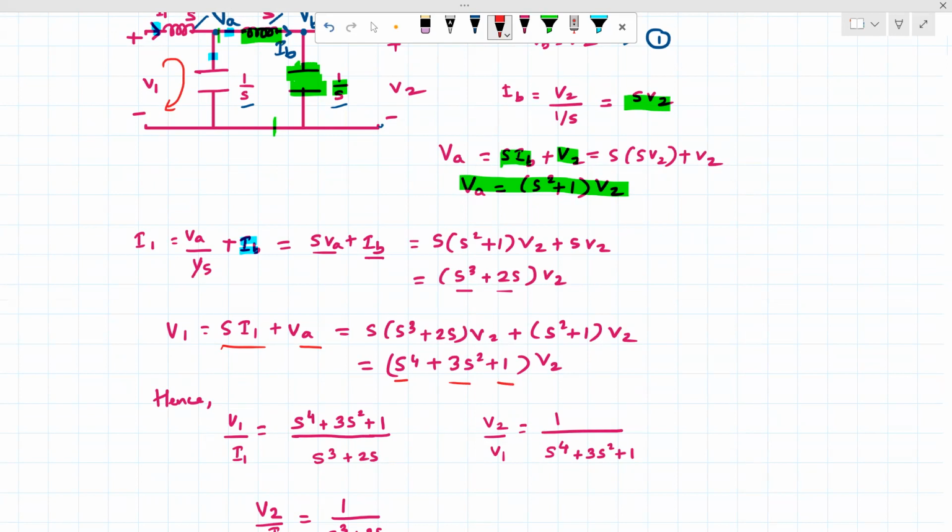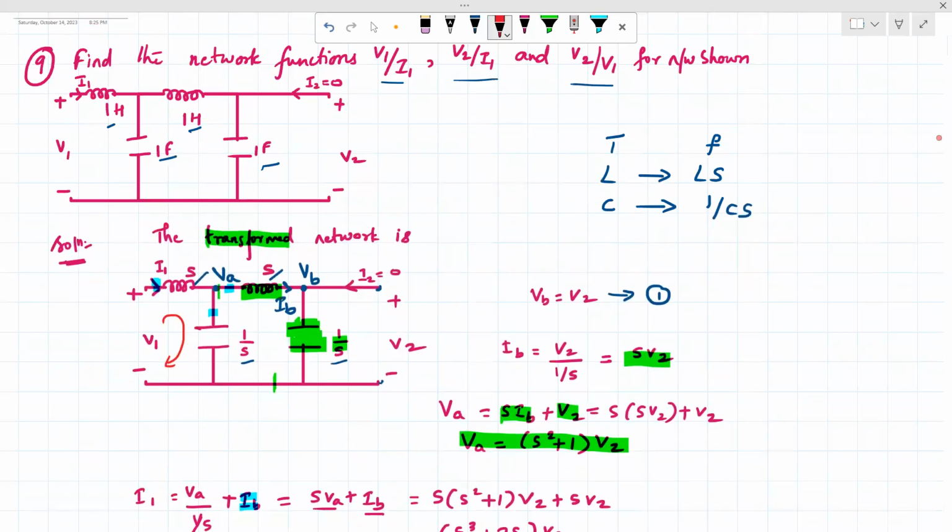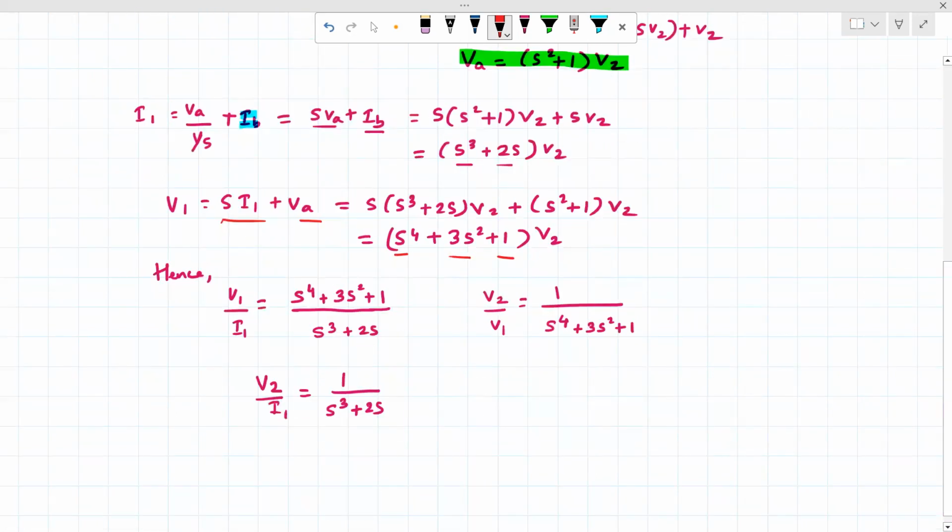So in the question they have asked to calculate the value of V1 by I1, V2 by I1 and V2 by V1. So first we will calculate V1 by I1. V1 is this value and I1 is this value. So this we will substitute, and V2 gets cancelled.